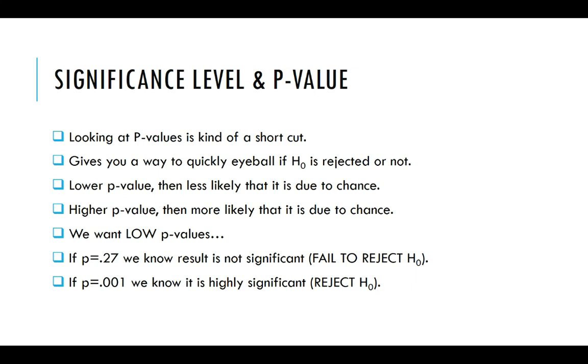Meaning we can reject the null hypothesis. That's why my students love p-values, because they can just go right to them. They don't have to really think about what the test they are conducting is really doing. They're just like, ooh, p equals 0.27, bad. p equals 0.001, ooh, that's pretty. We like that. That's a strong result.